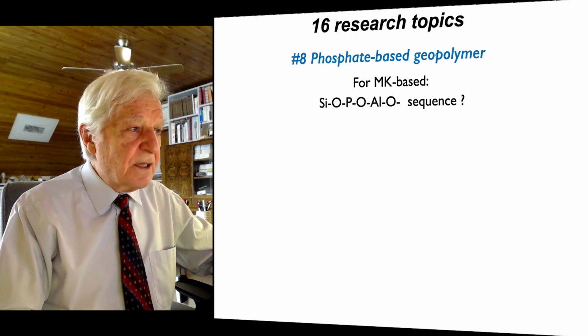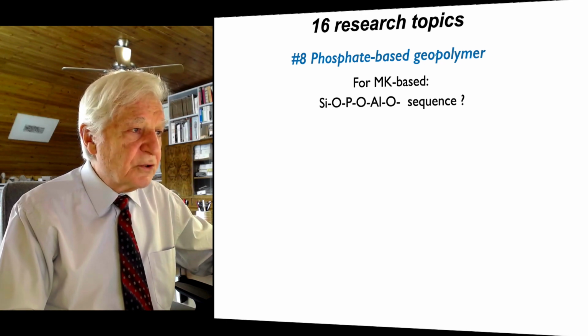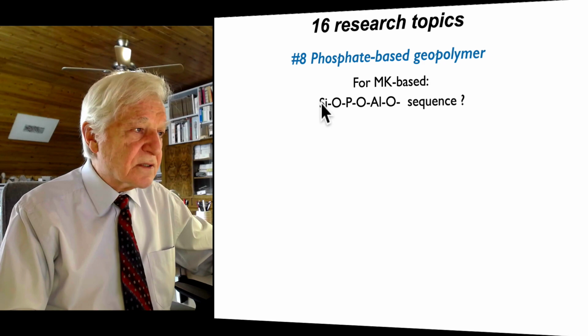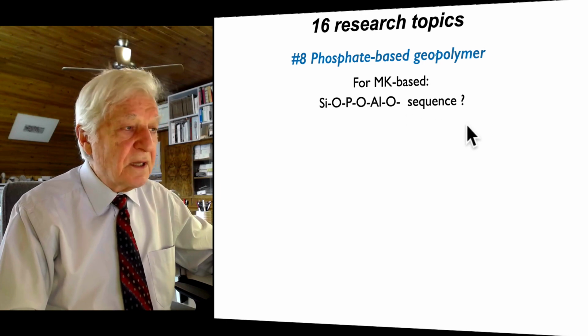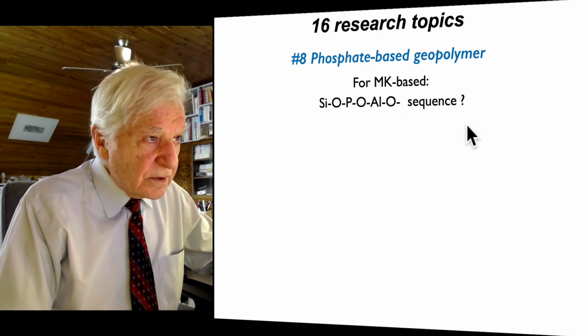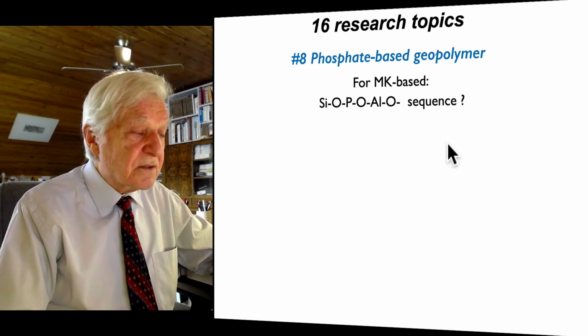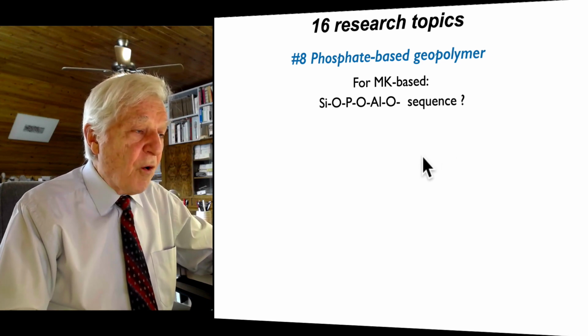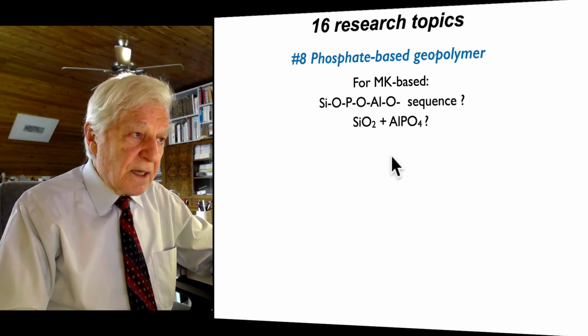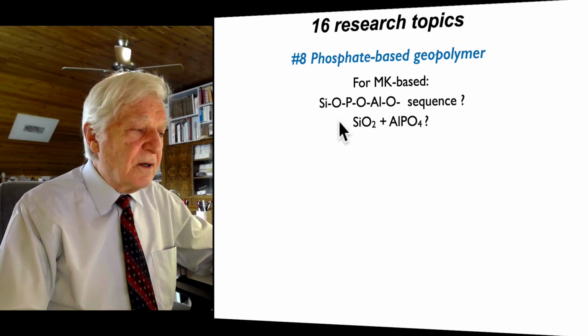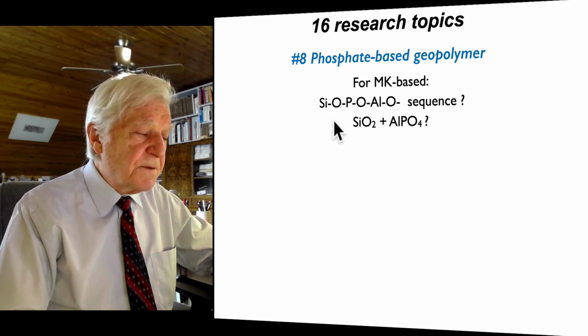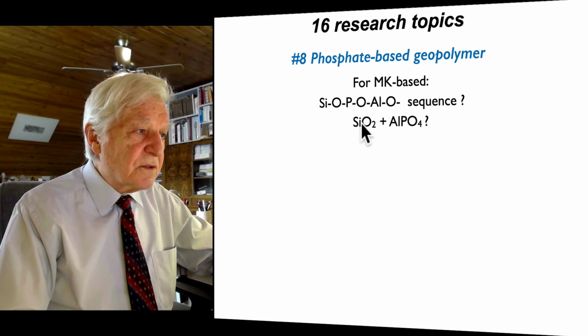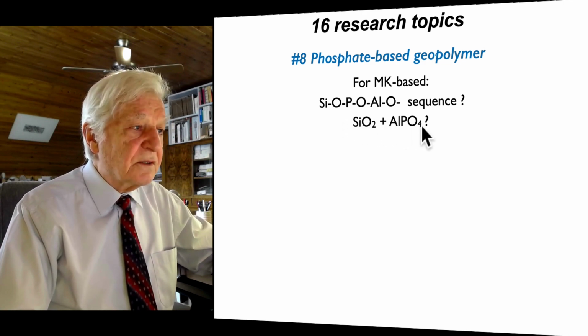The discussion is around the fact: do we get the sequence Si-O-P-O-Al-O, a silico-phospho-aluminate sequence, as it is written in several scientific papers, or, like what I am claiming, do we have what I call a solid solution that involves SiO2 silicate plus aluminum phosphate separately?